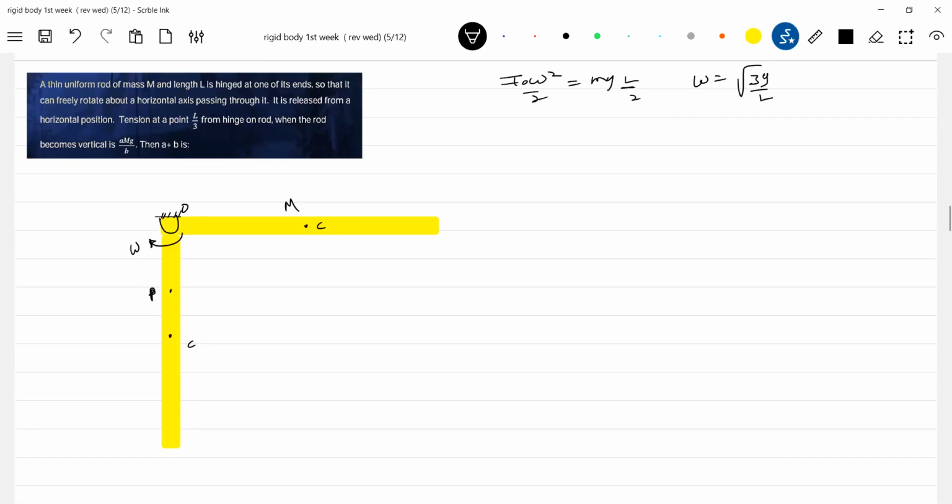Now, what are the things? Let me take a small element at a distance x. What are the forces acting on it? Tension T plus dT and T, and also a pseudo force dm omega square x.